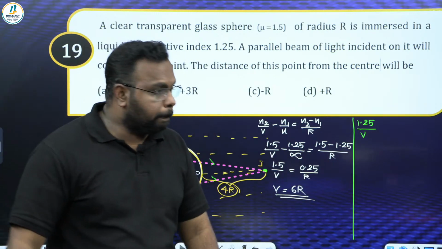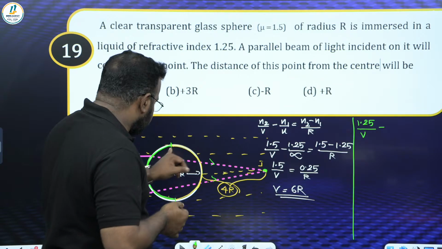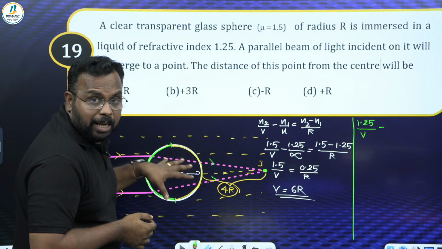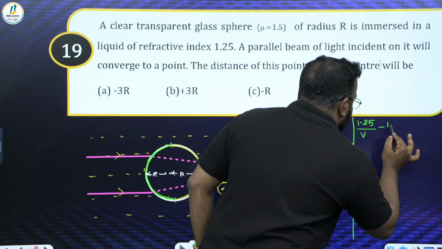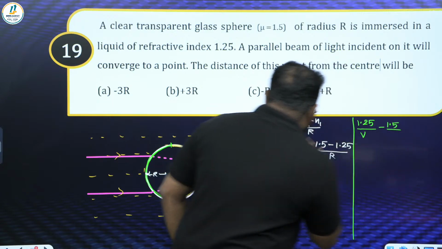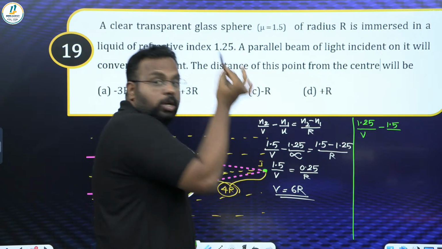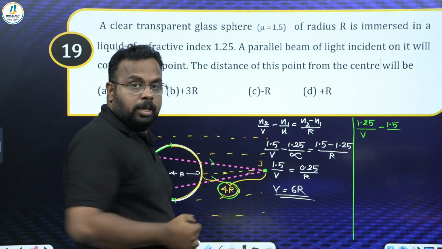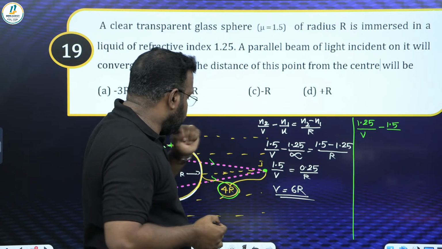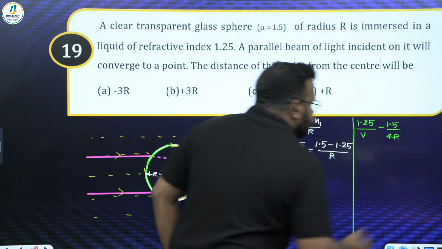N1 is the refractive index of glass, 1.5, by U. What is the U value? I told you, this image acts as an object, so the object distance is 4R.